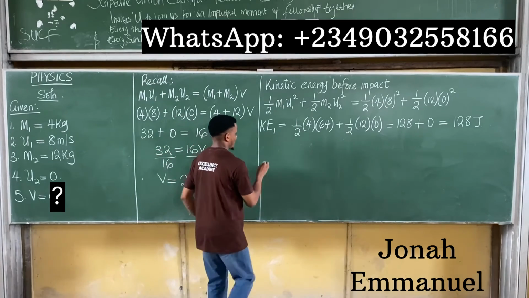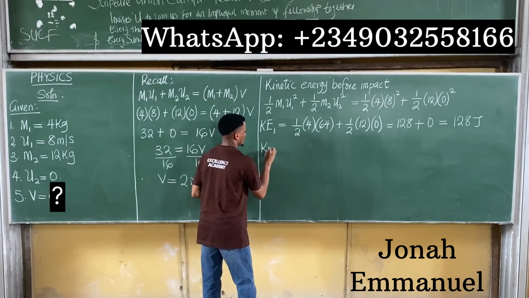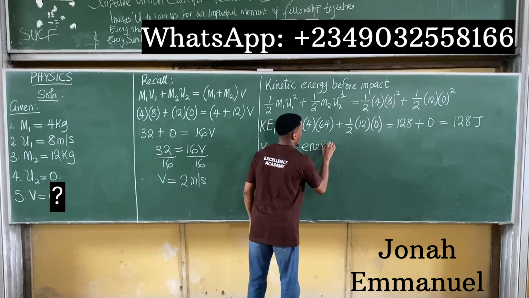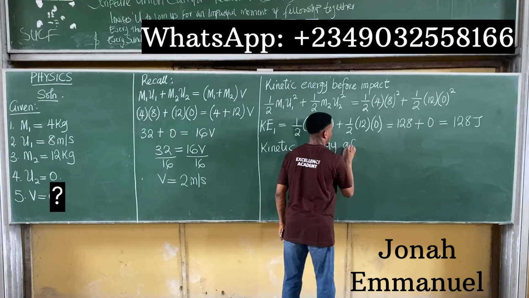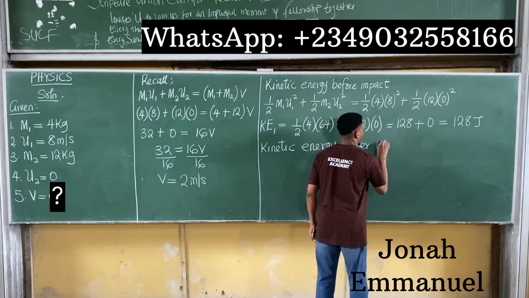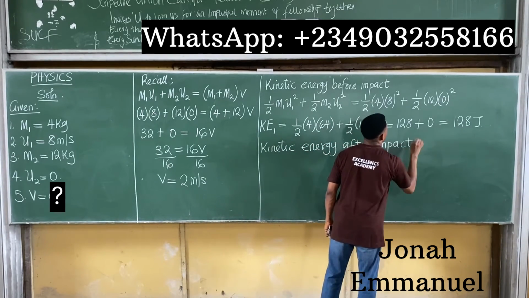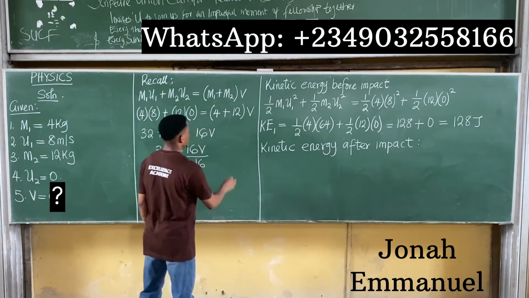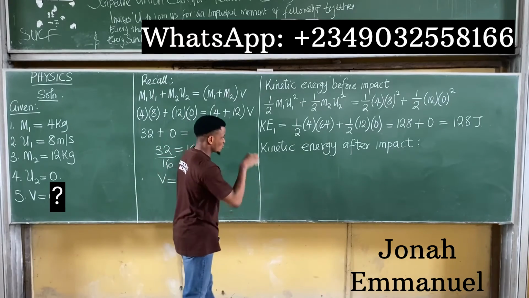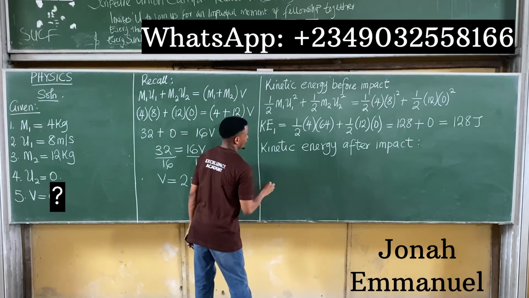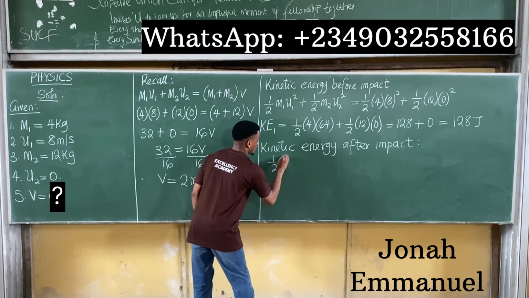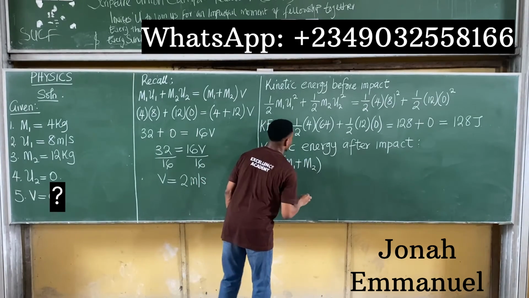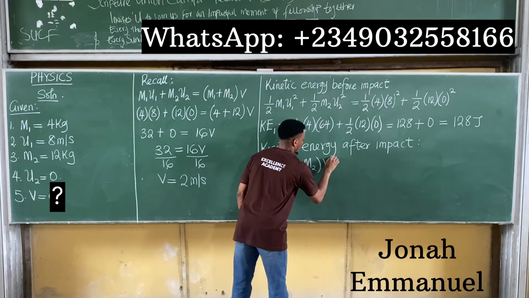Let's get the kinetic energy after impact. My formula would take this form, which we discussed in our last class: half into (M1 plus M2) into V squared.